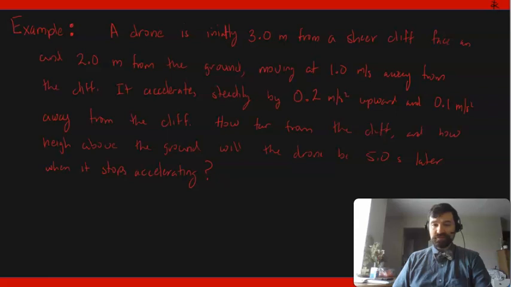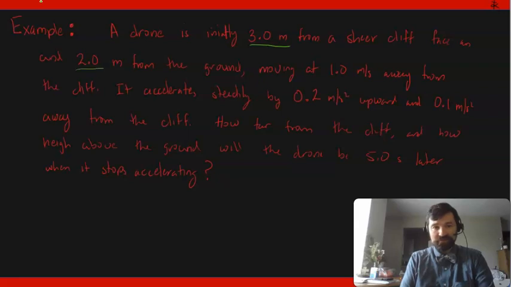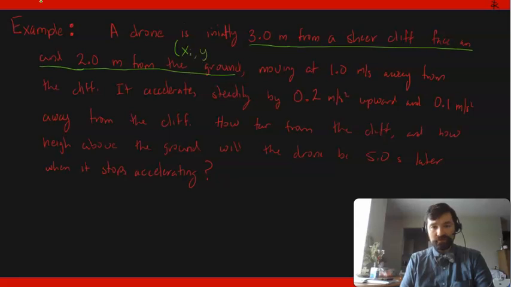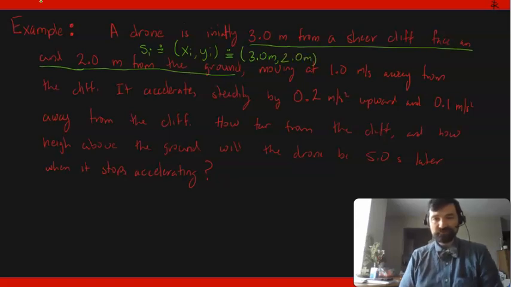Initially the drone is starting off at a position of 3 meters from the cliff and 2 meters from the ground. So this whole statement represents your x initial comma y initial, so this would be s initial: 3 meters for x, 3 meters from the cliff, comma 2 meters.